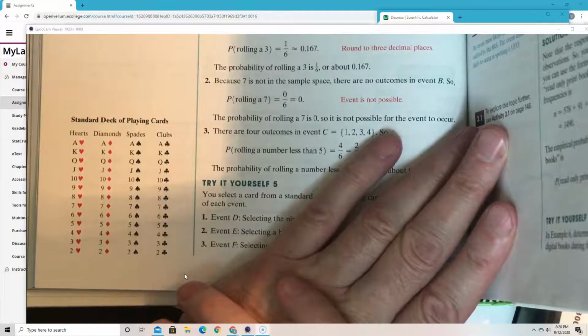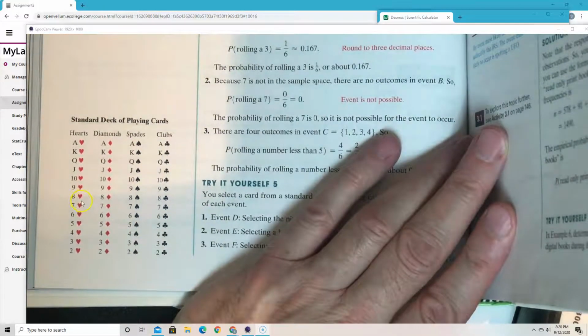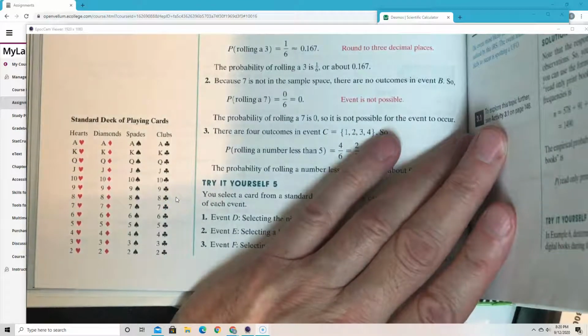Now, if they ask you, what's the probability that the first card you pick is an 8, you would say, okay, 4 out of 52. And then they say, now throw the card back in and pick a second card. Oh, now here's a second thing.